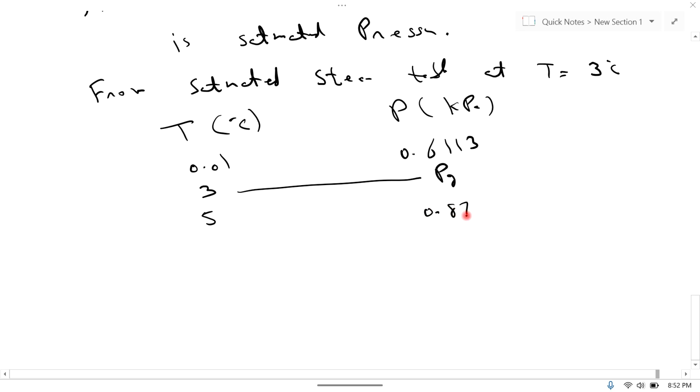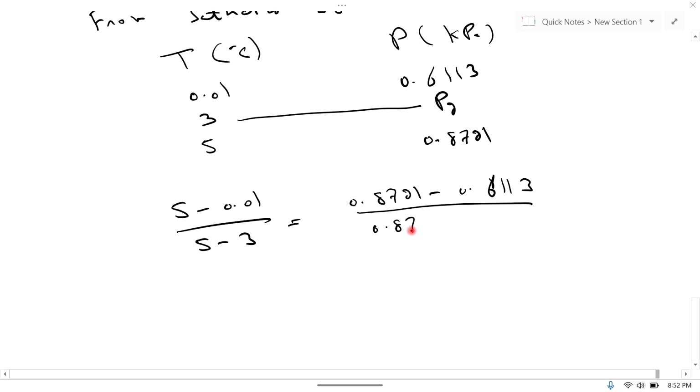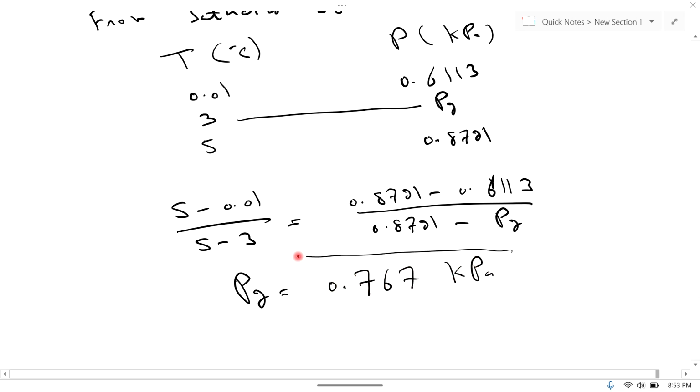So do interpolation: third value minus first value divided by second value minus first value is equal to third value minus first value divided by second value minus first value. Solve this and find P2, which is equal to 0.767 kilopascal. So this is the final answer, and this is the end of the problem.